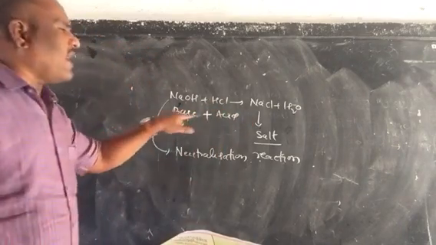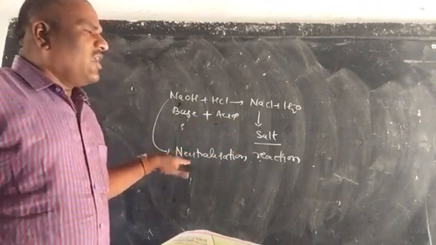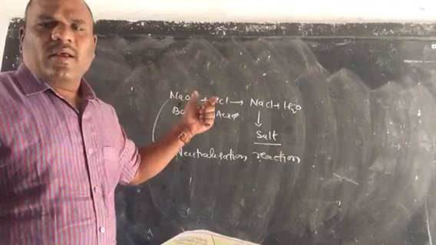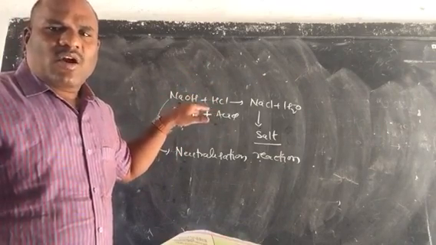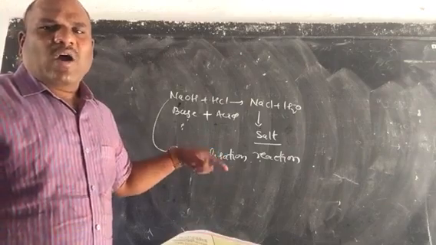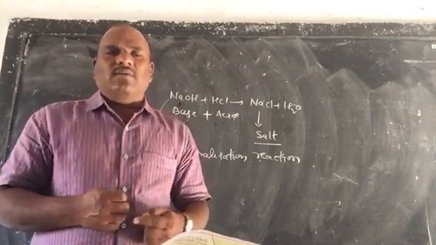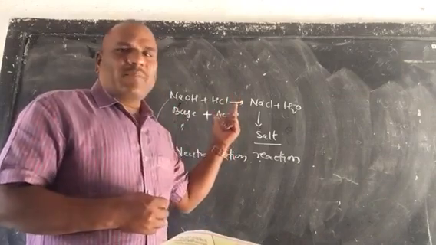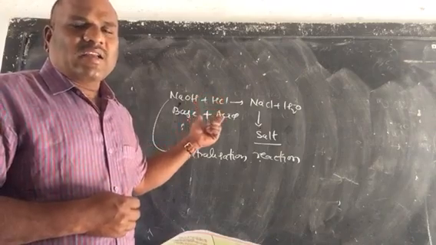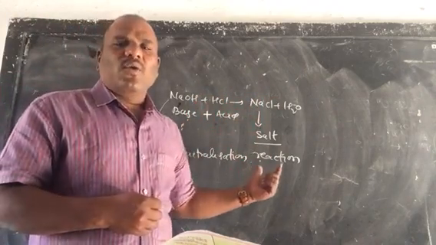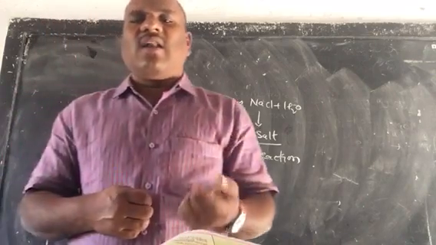When a base reacts with an acid to produce salt and water, it is called neutralization, and different types of salts we can prepare by this method. So what is neutralization? Neutralization is the process of reaction between acid and base, in which acid and base react with each other to form salt and water. This is one of the methods to prepare salts in the laboratory.